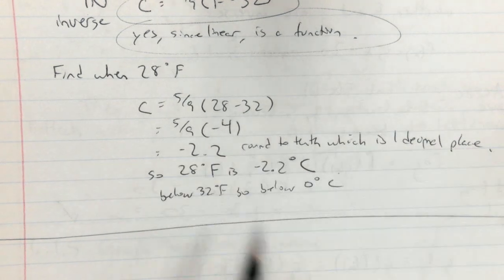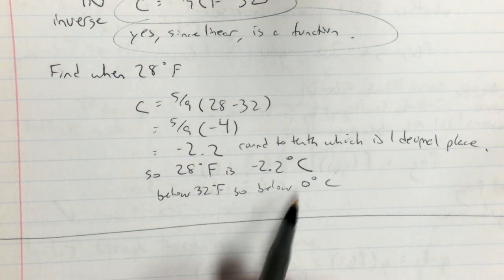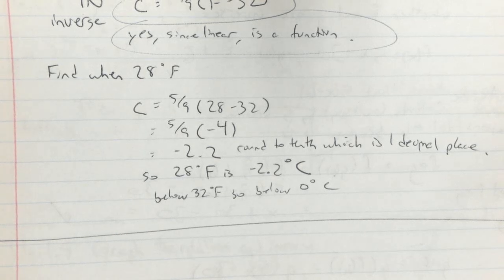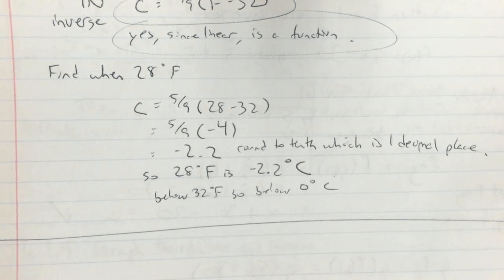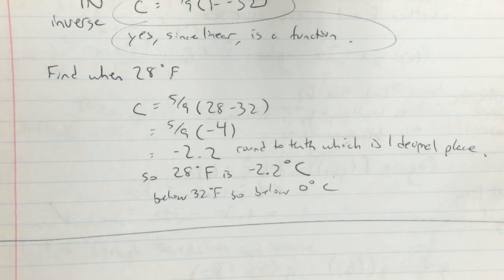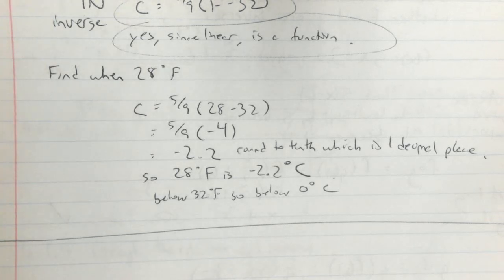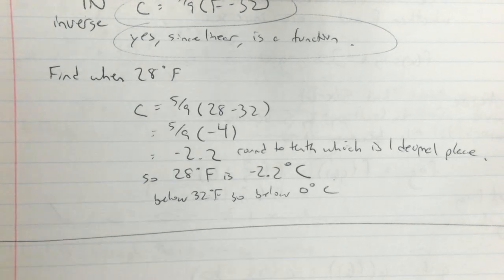Below 32 degrees Fahrenheit would be below 0 Celsius. Now, if you saw something like 28 degrees Celsius, that would actually be very hot. That'd be like 100 degrees or something. I'm just estimating. But make sure you pay attention to your F and your C.